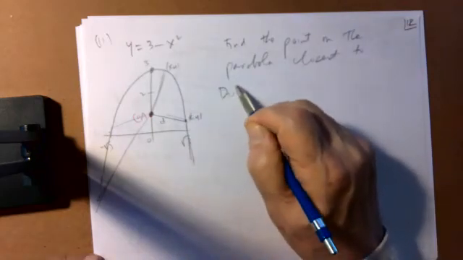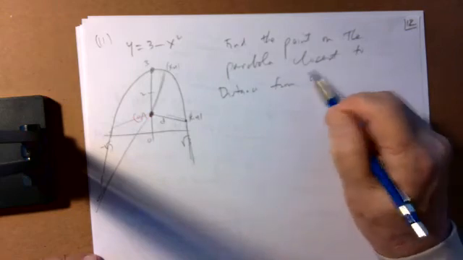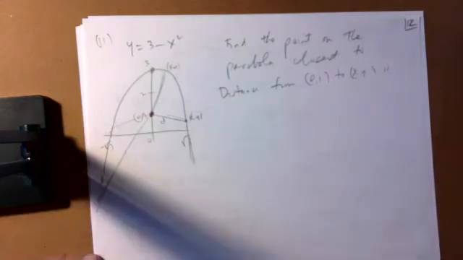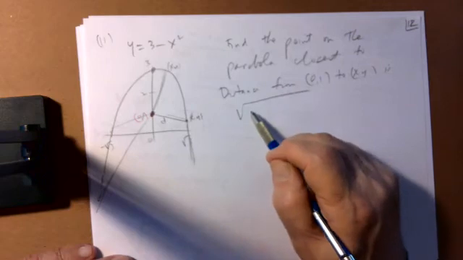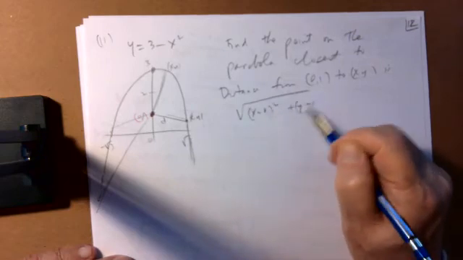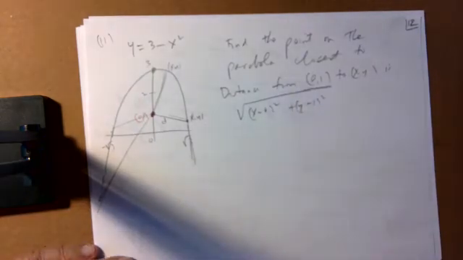So let's say the distance from the point 0, 1 to x, y is given by the distance formula from pre-calculus. It's the square root of x minus 0 squared plus y minus 1 squared. That's the distance formula.